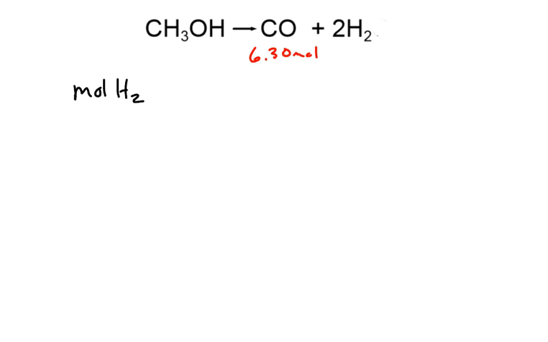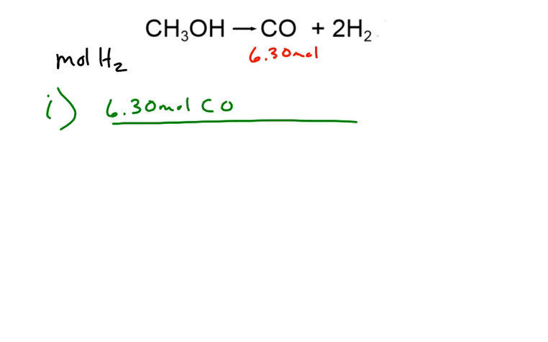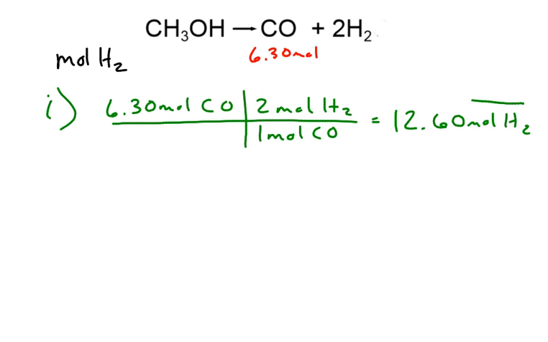Well, if I have moles of CO and I want moles of H2, this is just a conversion. So I have 6.3 moles of CO. For every 1 mole of CO, it looks like I have 2 moles of H2. And there I go. 1 point.